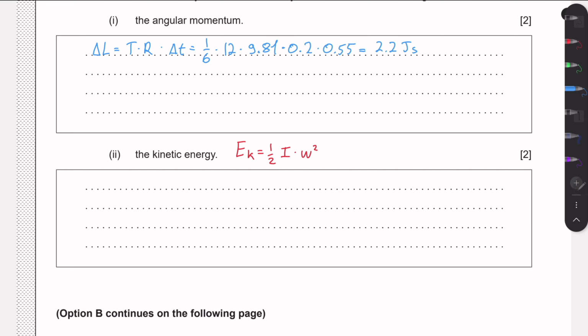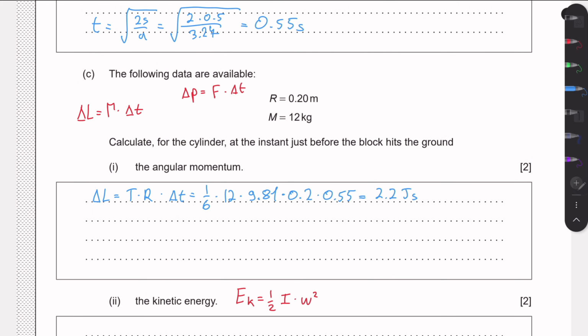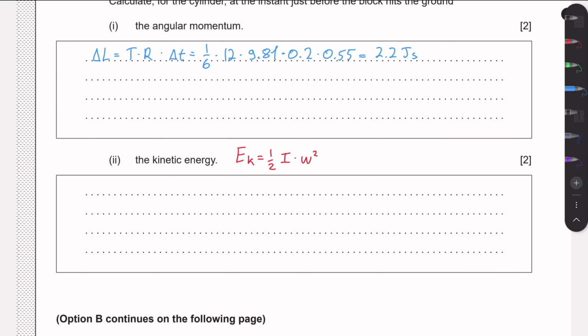And well, luckily we know the acceleration of the block and the time it took to accelerate, so we can use the equation that the final angular speed is equal to the initial plus acceleration times time, but we know it started from rest, so this is 0. So the final angular velocity will just be the acceleration times time.